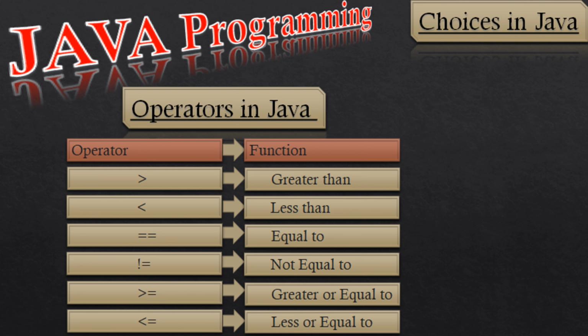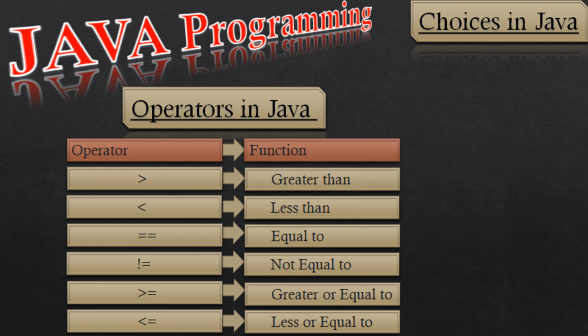On the third line, you will see two equals representing equal to. So when we want to say is equal to, we don't use just one equal, we need to put two equals. When we want to say is not equal to, we use an exclamation mark followed by an equal. Then for greater or equal to, we use the operator greater than followed by an equal.